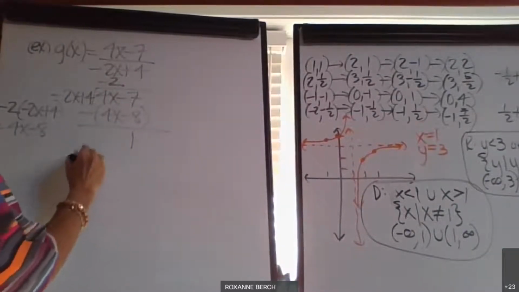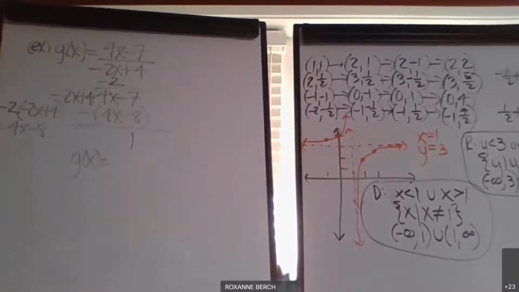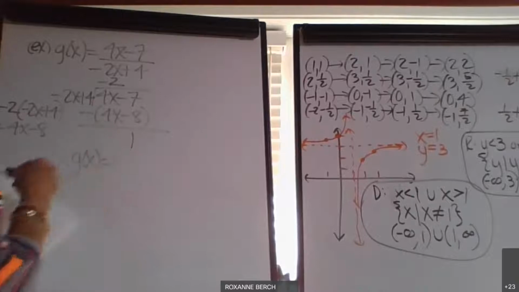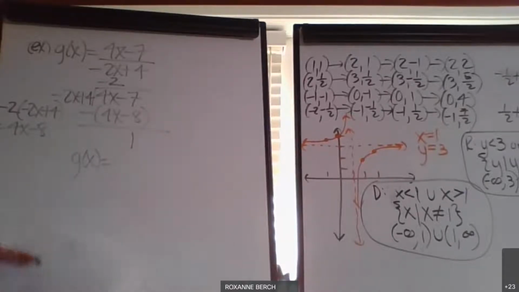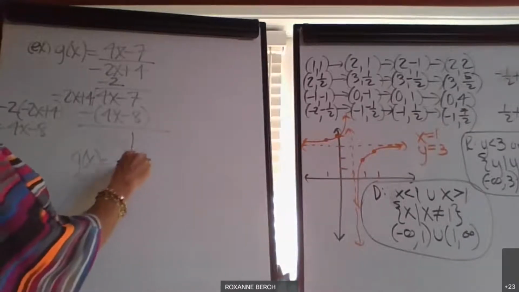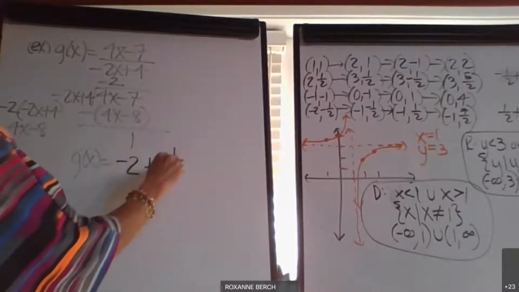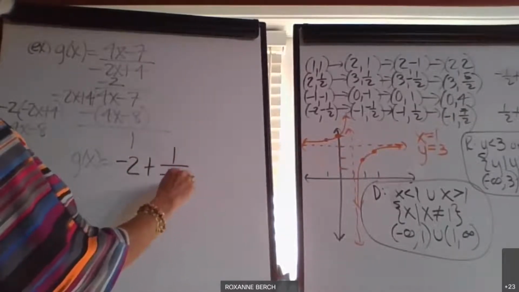So what we have here, I need you to pay close attention to what I'm doing, okay? What we have here is negative 2 plus the remainder over the divisor.